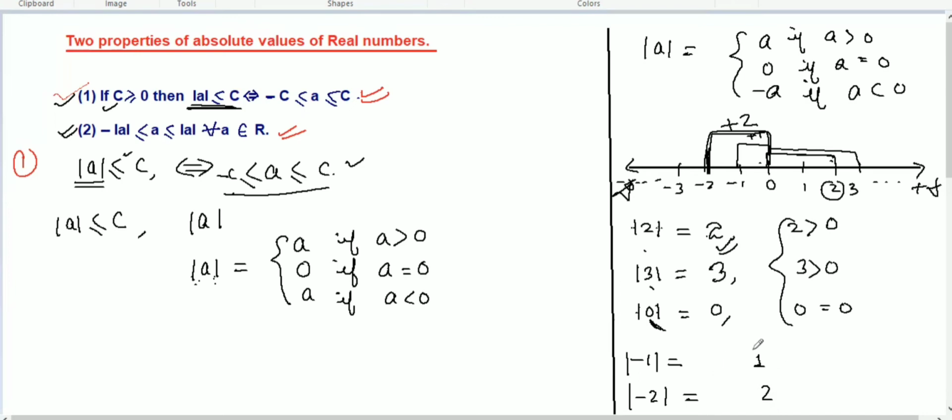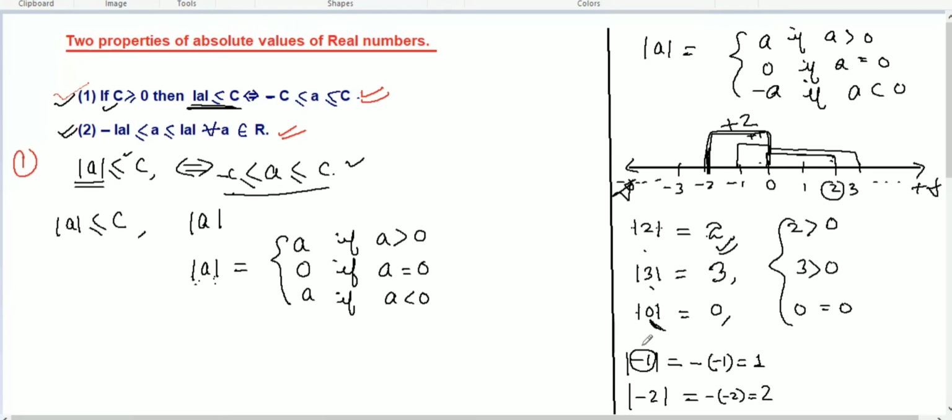How did we get positive 1 here? This -1 is a real number, so what we are doing is multiplying this real number by a minus sign, and we have positive 1. Then here as well, we are multiplying this -2, which is a real number, by minus, and we are getting a positive real number.